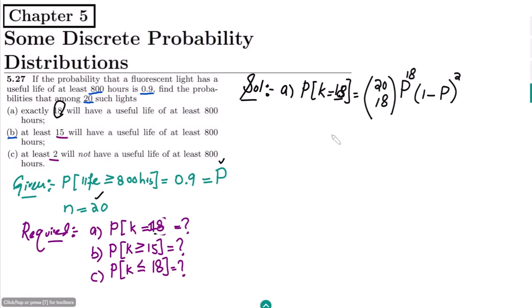The p value is 0.9, so it is 0.9 raised to the power 18 and 1 minus 0.9 raised to the power 2. When you follow it, you will find the answer, which is 0.2852.